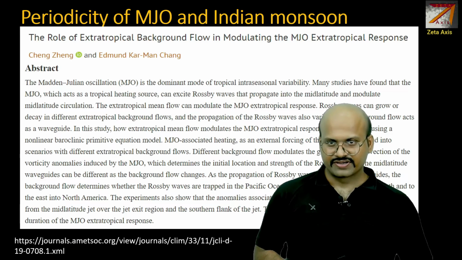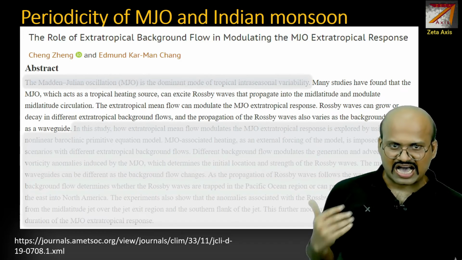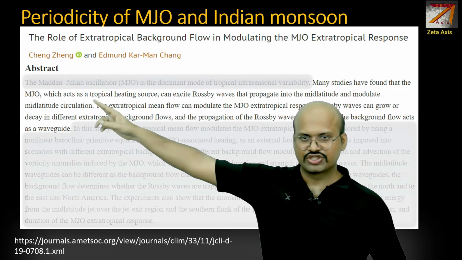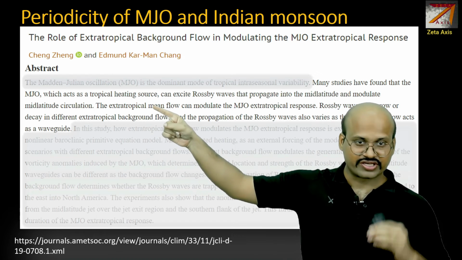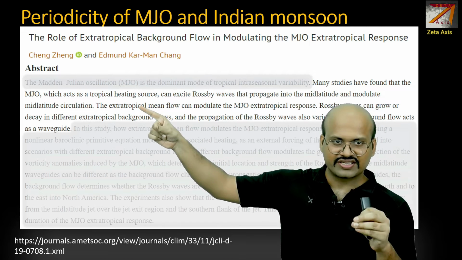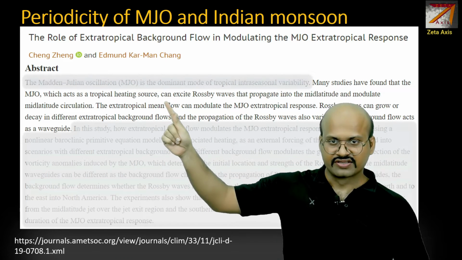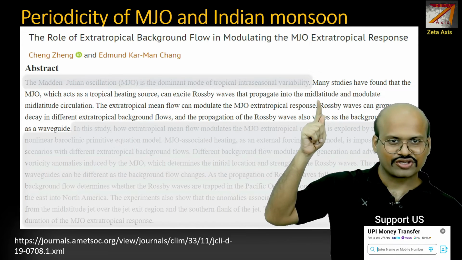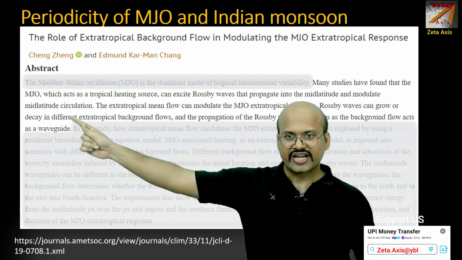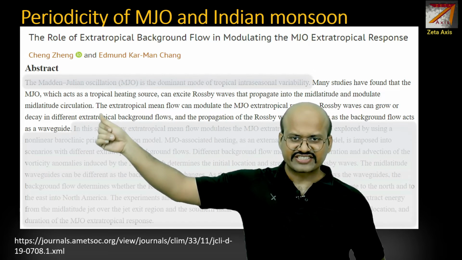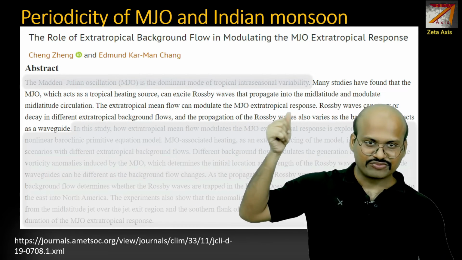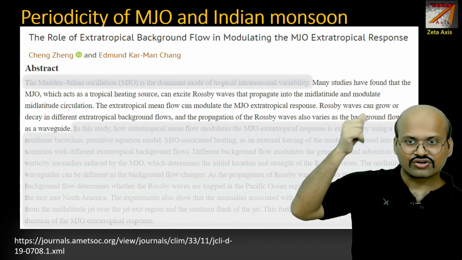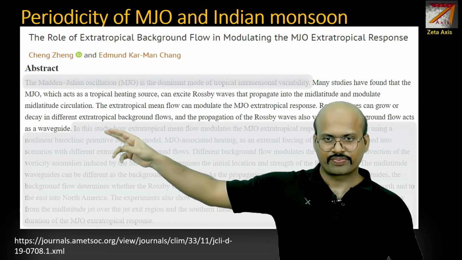So in this paper, we will see that an argument is made that many studies have found that the MJO, which acts as a tropical heating source, impacts the tropical region. It excites a Rossby wave that propagates in the mid-latitudes and modulates mid-latitude circulation. The extratropical mean flow can modulate the MJO extratropical response. Rossby waves can grow or decay in different extratropical background flows.